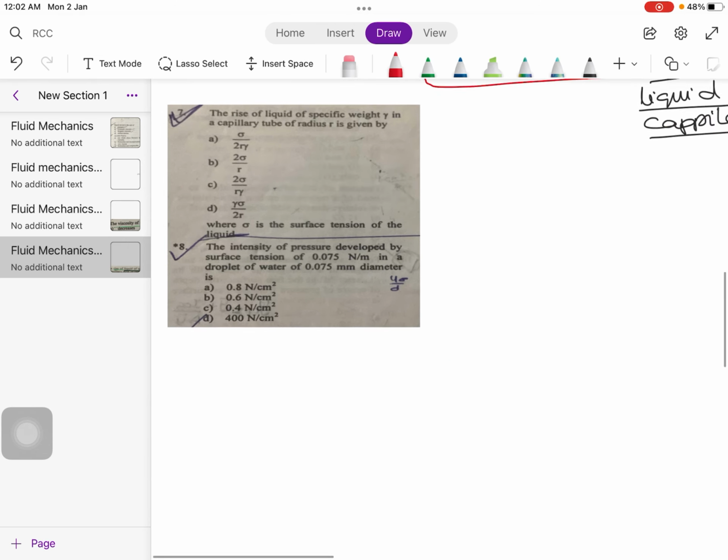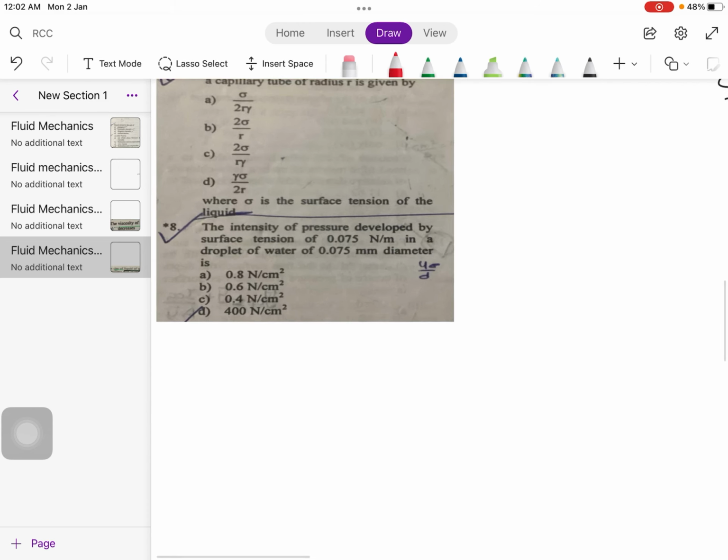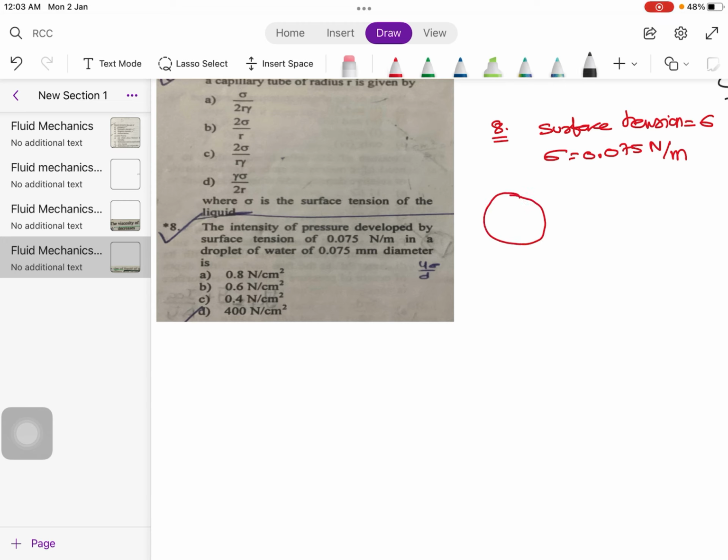Now let us take a look at question number 8. The question number 8 says that the intensity of pressure developed by surface tension of 0.05 newtons per meter in a droplet of water of diameter 0.075 millimeters.